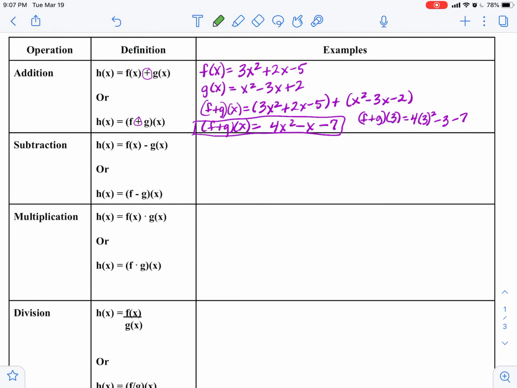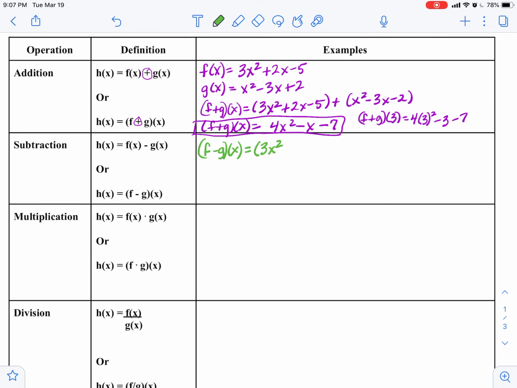I'm going to use the same f of x and g of x. If I ask you for f minus g of x, then I would need to write this out.